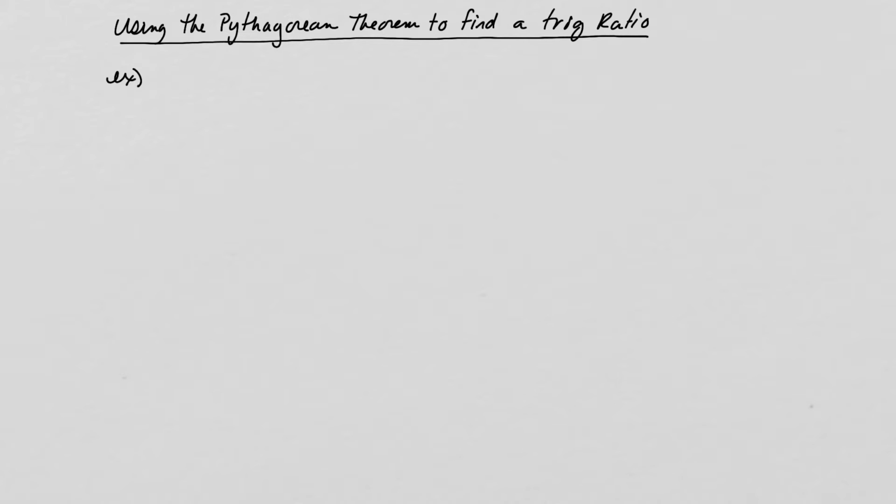So for example, find the tangent of theta for, so we have here a right triangle, here's theta, this angle up here, and we're told that the hypotenuse is 8 and this side here is 7. So if you look at this picture, we happen to be missing this side here.